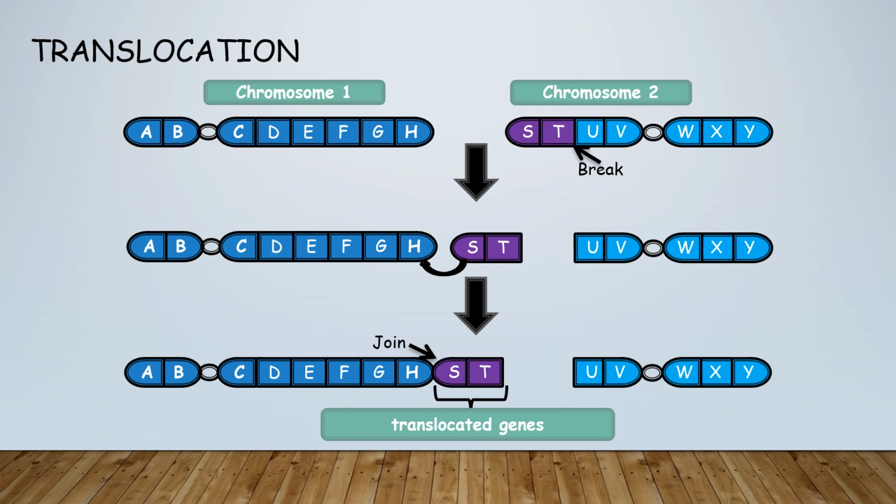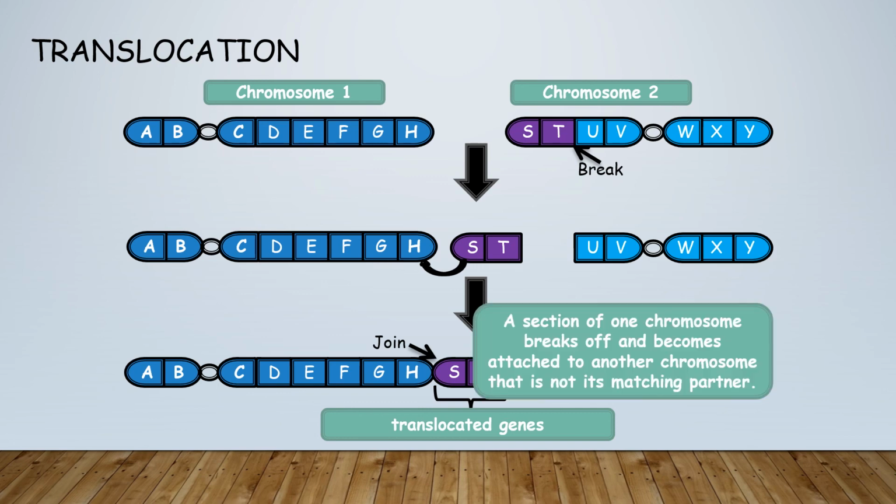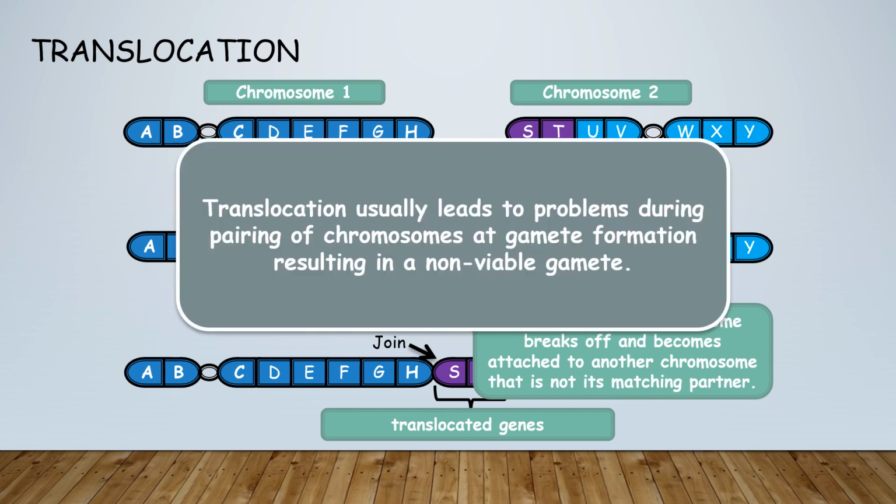A to H and S to Y are different genes. As you can see, we get a break in chromosome 2, and the cell does its best to repair it, but unfortunately what it's doing is adding S and T from chromosome 2 onto the end of chromosome 1. So we end up with translocated genes. And again, that causes us problems. It leads to problems in gamete formation, resulting in non-viable gametes. So a real impact on the potential success of this organism.